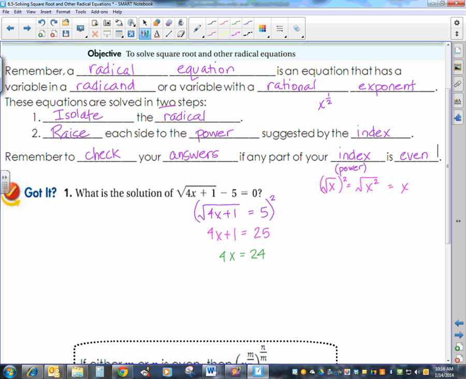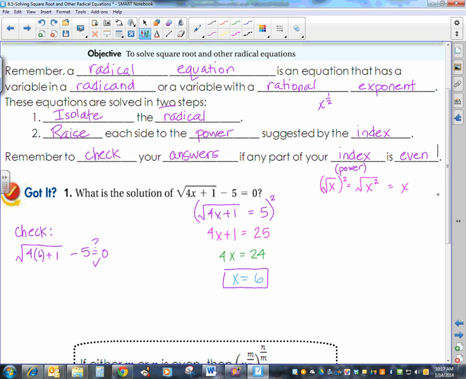And then, of course, we divide by 4, so x equals 6. And before we box that, we're going to go check it. So let's go over here and check our answer. So we have the square root of 4 times 6 plus 1 minus 5. Does that equal 0? 24 plus 1 is 25. 5 minus 5 is 0. So we're good to go. So that means our answer is x equals 6.